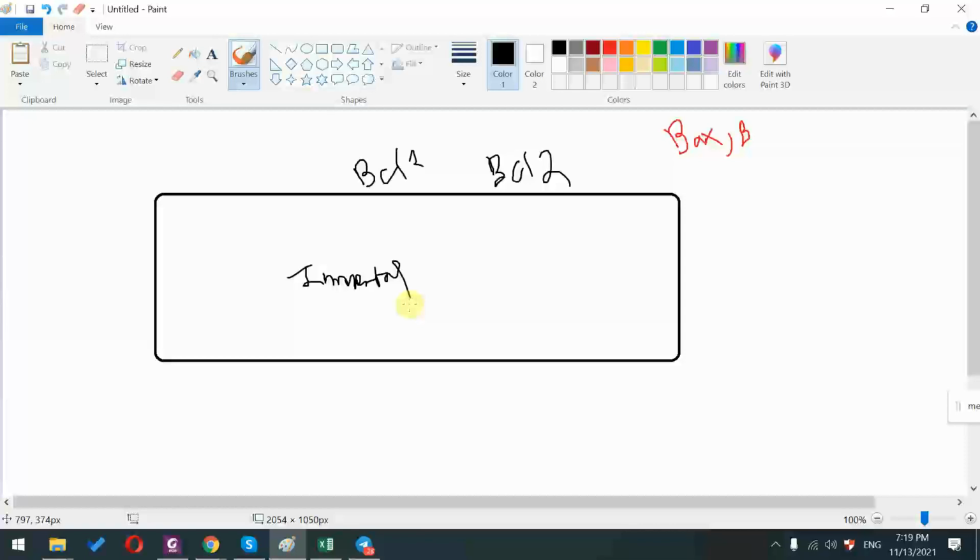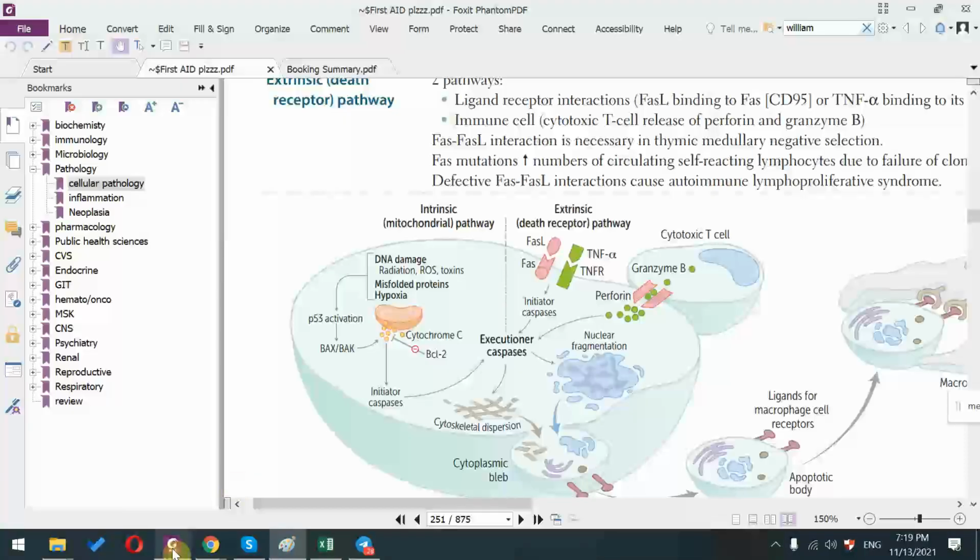Look, if you have so much BCL2, look what happens. Your mitochondria will be 100% protected. If it is 100% protected, the BAX cannot go inside, okay? So the mitochondrial membrane will not be affected.